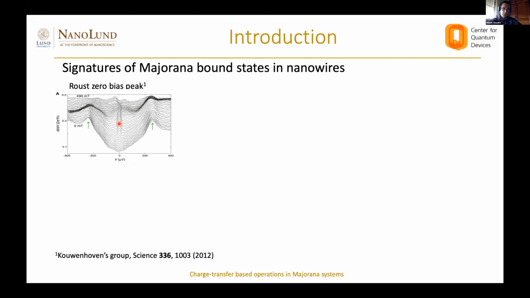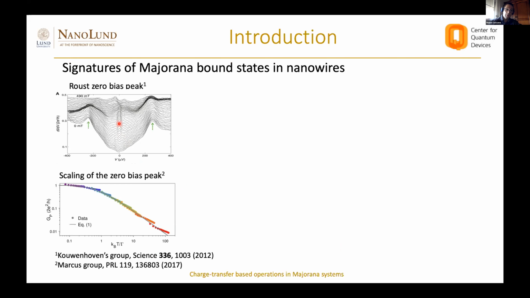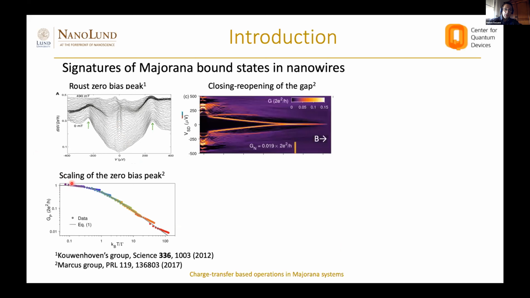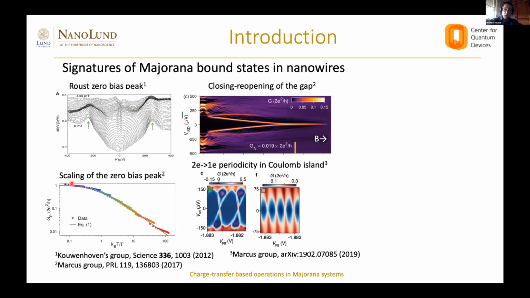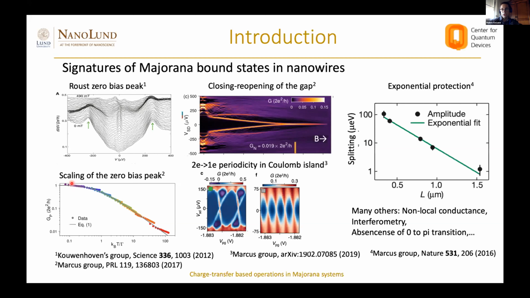So further evidence followed in the next years, showing the scaling of the zero bias peak, and actually the quantization of the zero bias peak at very small temperatures, the closing and the reopening of the superconducting gap, which is interpreted as a transition between the trivial and topological regimes, the transition between 2e to 1e periodicity in Coulomb blockaded islands, also interpreted as a transition between trivial and topological regimes, and the exponential protection of nanowires as a function of the length.